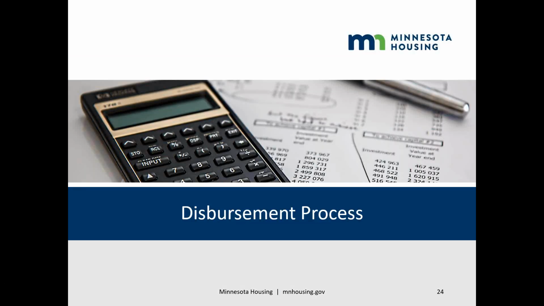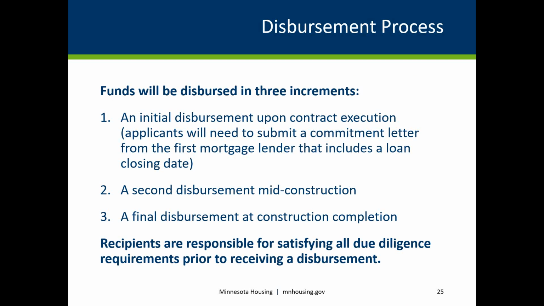Moving on to the disbursement process, I'm just going to take a few minutes to talk about how this works. Funds for this program, if you are selected, will be dispersed in 3 increments. There will be an initial disbursement, a second disbursement, which is typically mid-construction, and then a final disbursement once construction is complete.